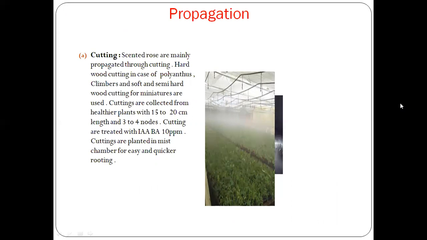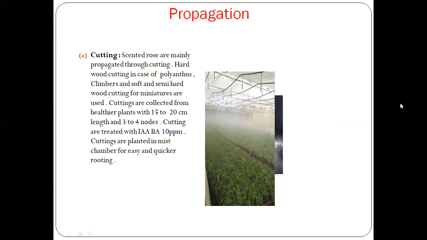Then the budded cutting is inserted in a polythene piece of about 10 by 15 centimeter filled with sterilized river sand. Simultaneously, both the rooting and bud union take place. The plants are ready within 3 to 4 months. In this process, misting must be provided for better results. For this, budding plants should be kept under poly covers.